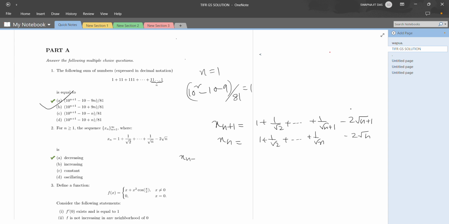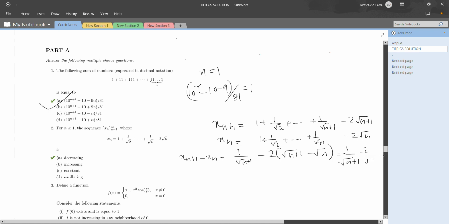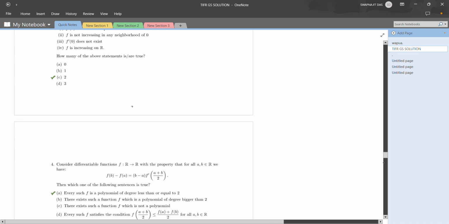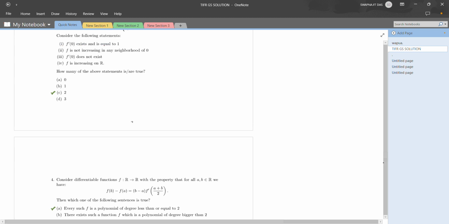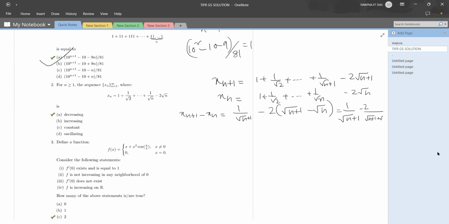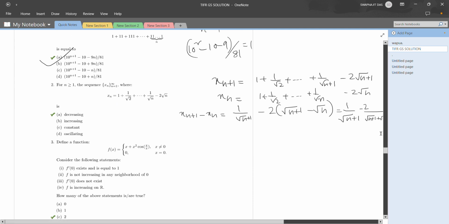And clearly xn plus 1 minus xn will be 1 by root n plus 1 minus 2 root n plus 1 plus 2 root n. This will be the same as 1 by root n plus 1 minus 2 by root n plus 1 plus root n.